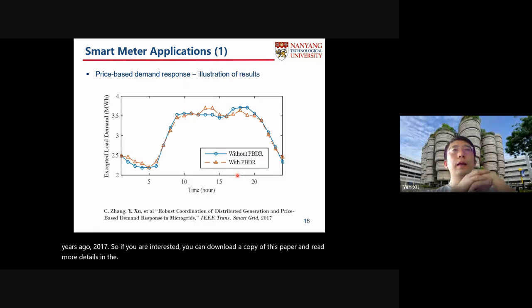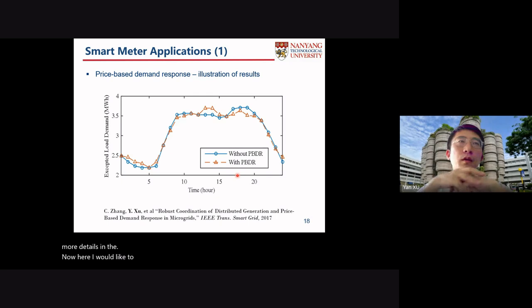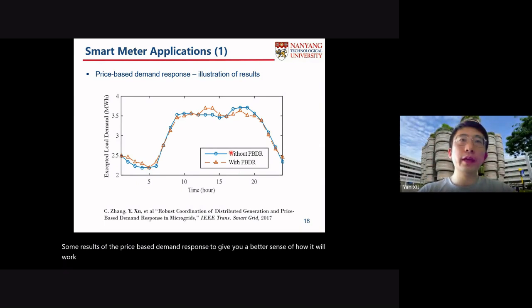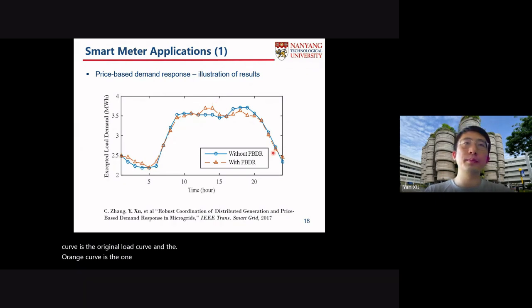Here I would like to just show some results of the price-based demand response to give you a better sense of how it will work. We compare the electricity consumption curve of a day between the scenario with price-based demand response and the scenario without it. The blue curve is the original load curve, and the orange curve is the one after the price-based demand response. So clearly you can see the difference.